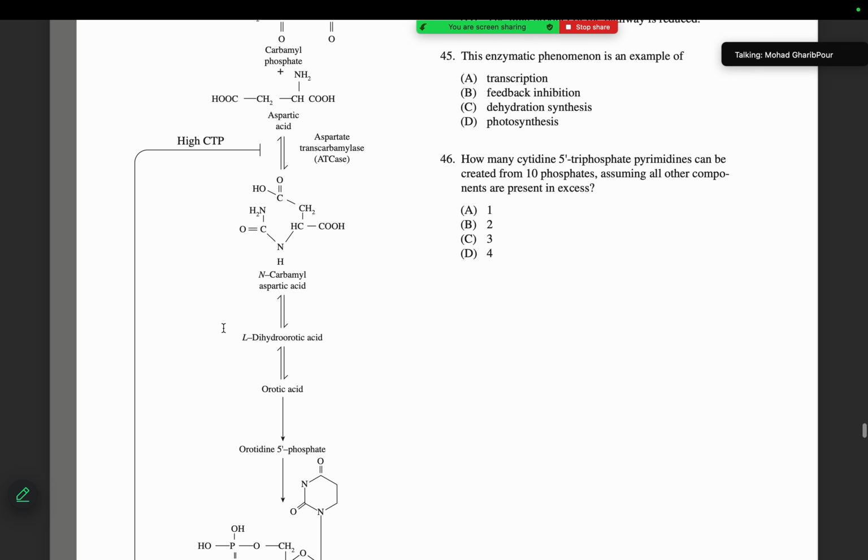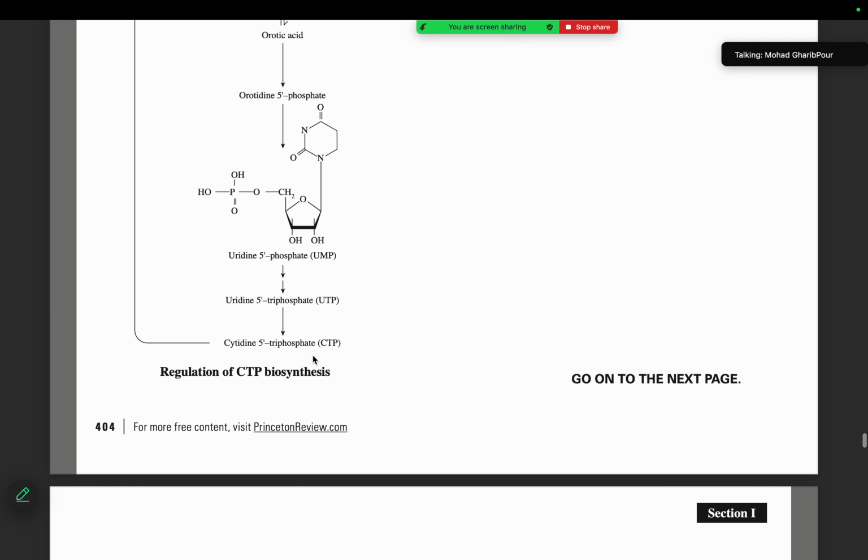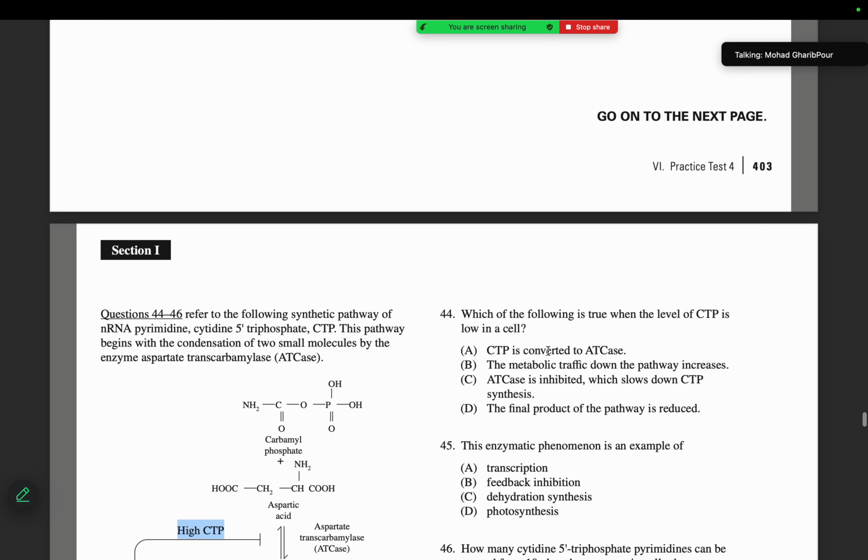If it's low, since high CTP prevents this, we have to think, what would low CTP do? CTP is converted to the enzyme.